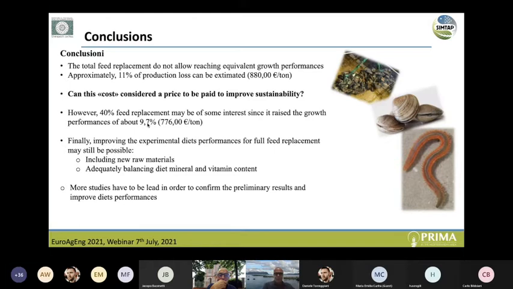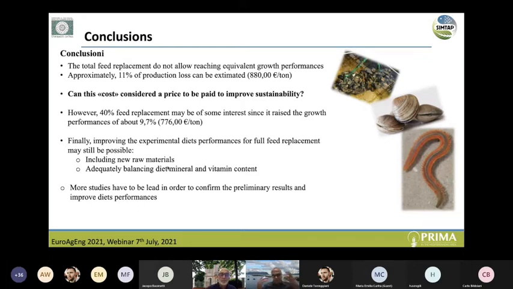More production. So partially replacing the feed may be economically convenient. And this is the amount per ton of fish produced. So in this case, we earn 776 euro per ton if we partially replace the feed.